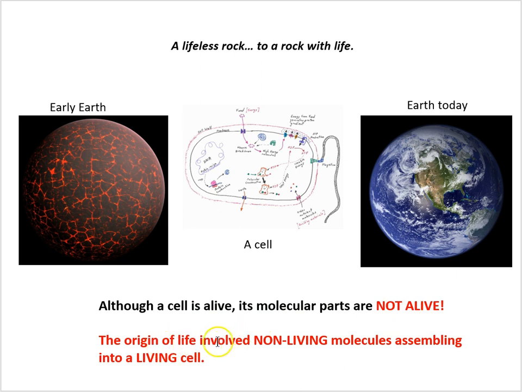So in other words, the origin of life involved non-living molecules assembling into a living thing. And this is an interesting philosophical concept to get our heads around, that the whole cell is alive, but none of its parts is alive. So the whole cell can do all of those characteristics on the list, but none of these molecular parts satisfies the criteria for being alive.